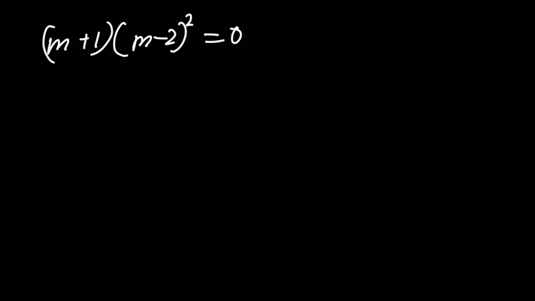So the roots of this equation are -1, 2, and 2. You can see that all of these are real numbers. However, this root is repeated twice. So we'll be making this equation for the general solution.